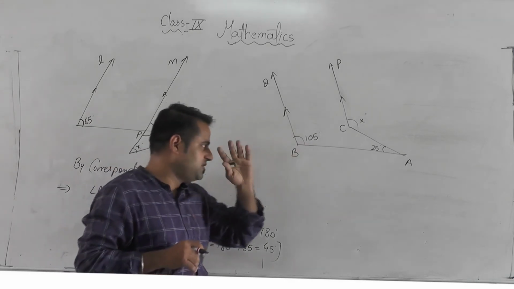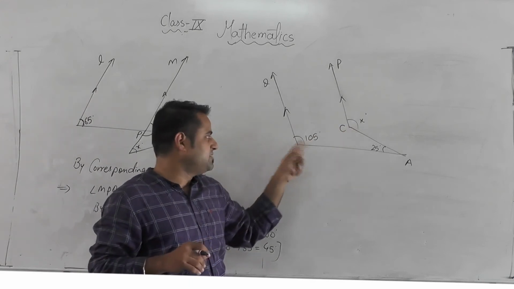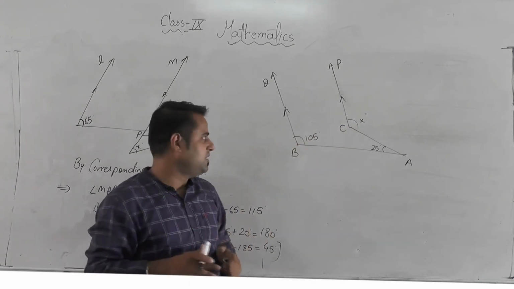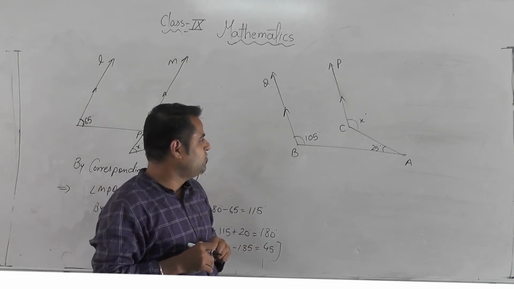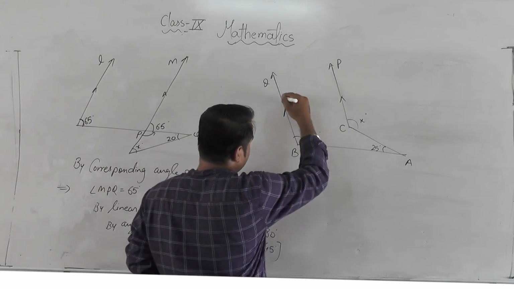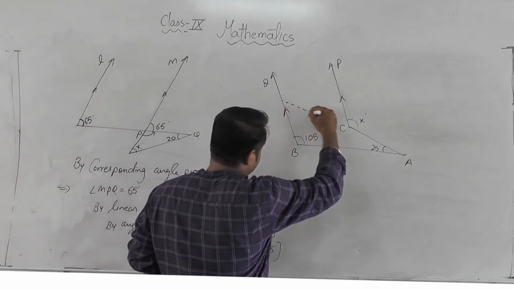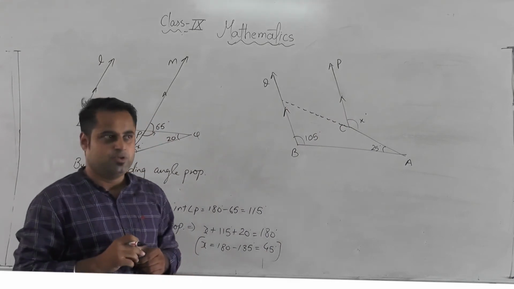But remember, if we join BC here, this B angle will be separated into 2 parts, so we don't want to do that. So we just extend this AC line backward. Like this it will become.